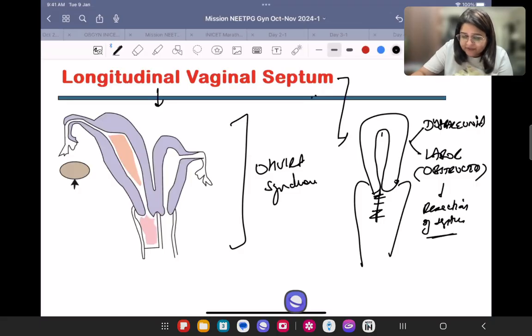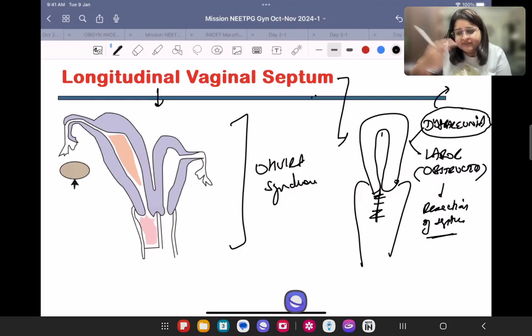I recently had a patient who had come with dyspareunia, and she said, Ki ma'am, I feel something in my vagina when my husband is trying to have intercourse, तो वो पूरा अंदर नहीं जाता, and I can feel something, and just have a look ki kya hai. So I did a speculum. My speculum wasn't going inside. Then I did a PV and I could feel the septum easily. So what did we do? This case I have posted on Instagram.